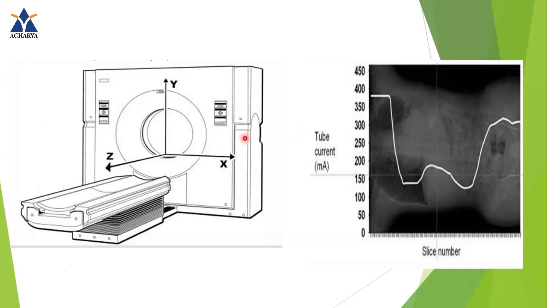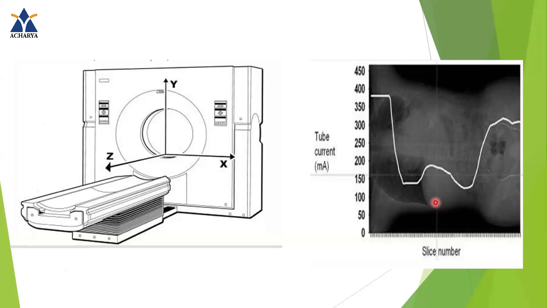So this was longitudinal tube current modulation. What angular tube current modulation does is this: you all know that the patient will be stationary while the scan is going on, and the X-ray tube and detector will be rotating around the patient. When the X-ray tube is moving from anterior to posterior, the tube current decreases because the thickness of the human body or torso is narrow compared to right to left.